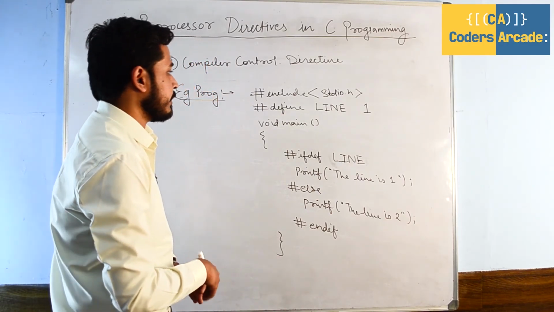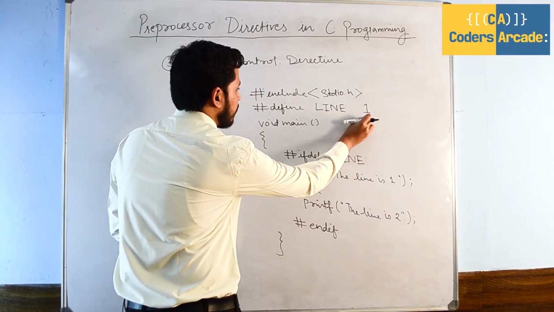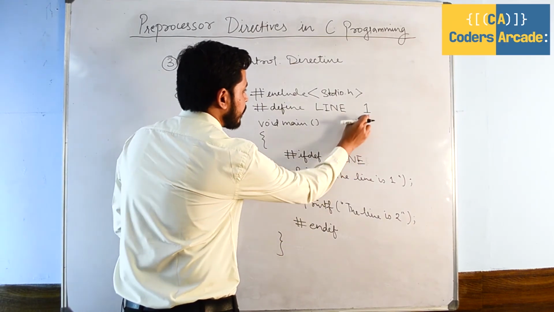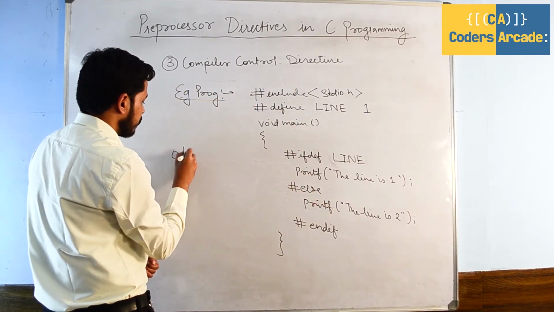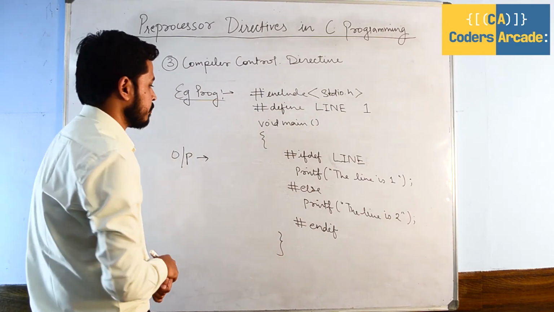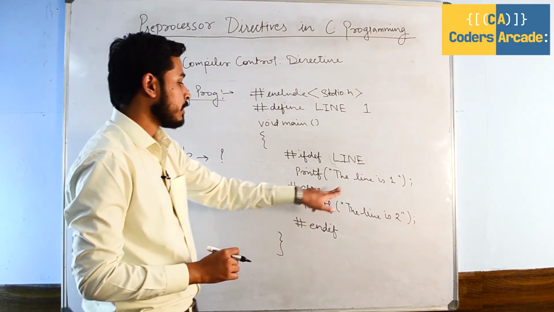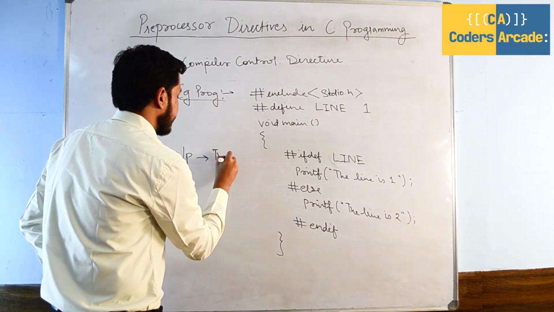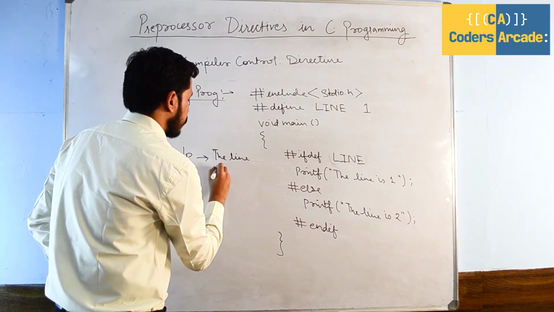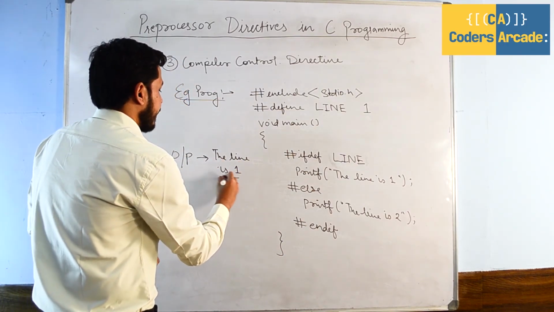So what is happening here? Here, in #ifdef line, the value will be 1, so this line will be swapped with 1. Since it is 1, what will be the output of this program? The output of this program will be "the line is 1". So "the line is 1" will be printed into your terminal. Why is this printed?